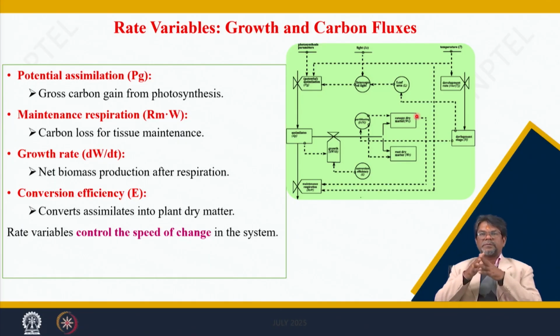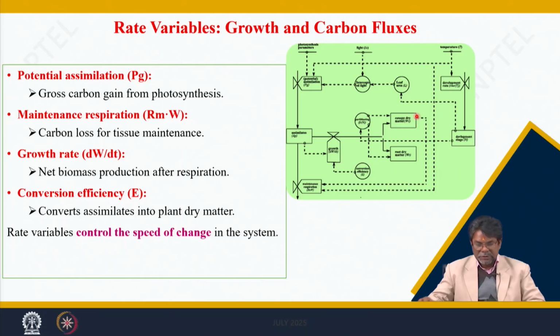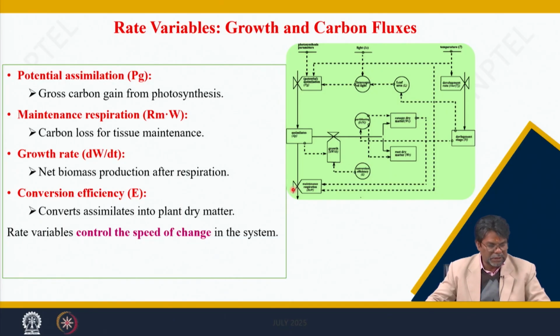Maintenance respiration means the loss of carbon per unit carbohydrate, grams CH2O, RM times W. So, how much carbohydrate is lost in the process to maintain the original plant tissue, grams CH2O lost per gram tissue.